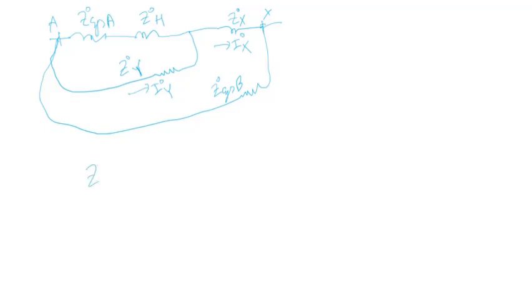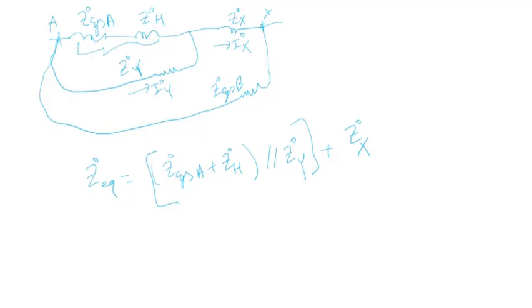So, the equivalent zero sequence impedance. Basically we have zero sequence of system A plus zero sequence of H. The sum of these two impedances is in parallel with zero sequence of Y. Once you find that, you just add the zero sequence of X, which is this here.